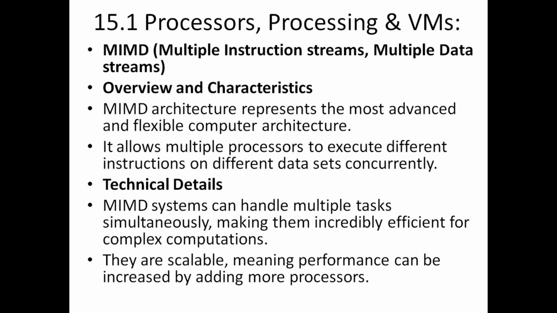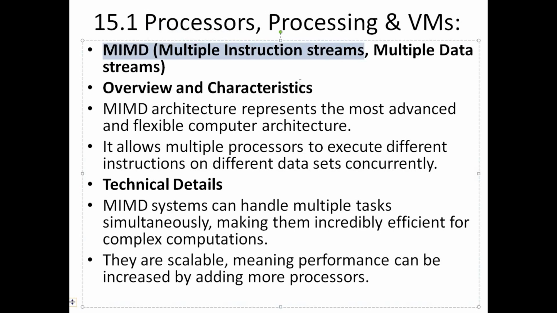Multiple instruction streams means multiple instructions and multiple data sets. So you perform multiple instructions onto multiple data sets. They are a very flexible computer architecture, and this is the most advanced form of architecture that we have. It allows multiple processors to execute different instructions on different data sets simultaneously.